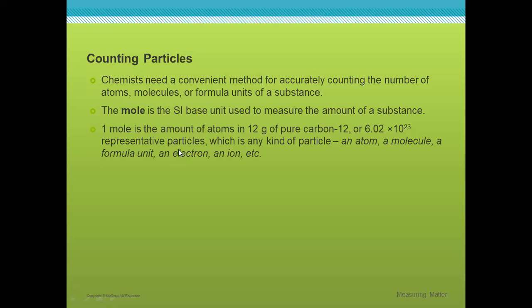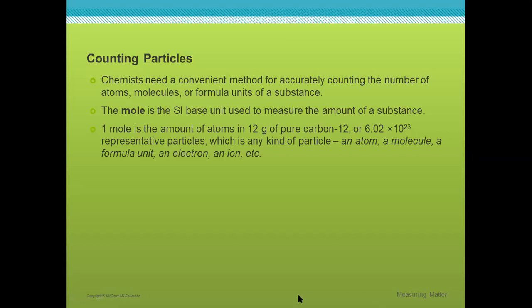Pure carbon 12, or 6.02 times 10 power 23 representative particles, which is any kind of particle: an atom, a molecule, a formula unit, an electron, an ion, etc. So 1 mole is the amount of atoms in 12 gram of pure carbon, or 6.02 times 10 power 23. It's the mole.